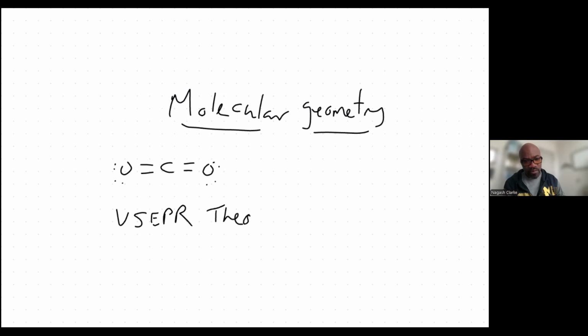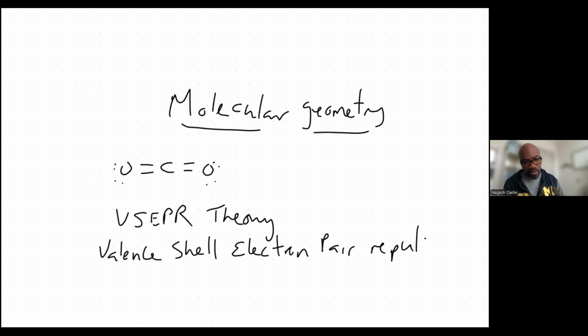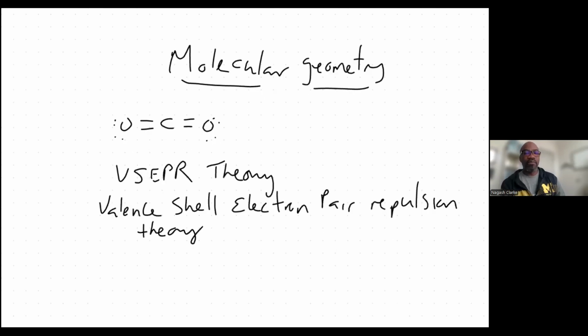VSEPR theory stands for valence shell electron pair repulsion theory, called VSEPR for short. So it's a model that explains molecular shape.